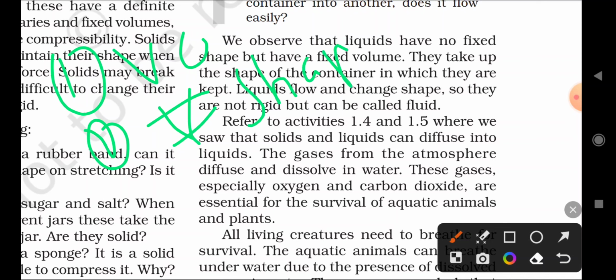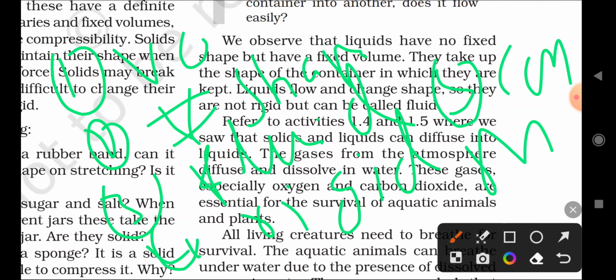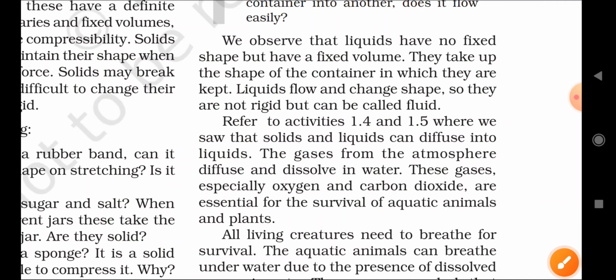Third, they are called fluids. Fourth, they are not rigid. Fifth, they take the container's shape. So these are the 5 points of the liquid state.